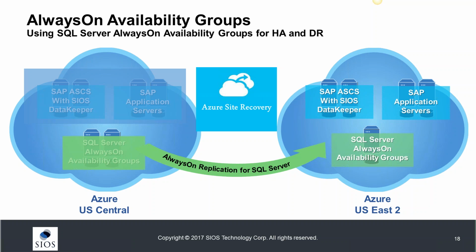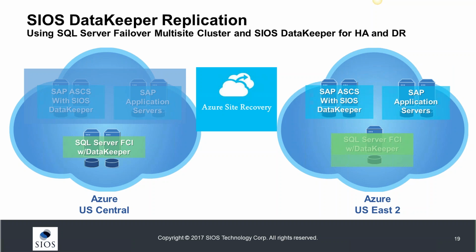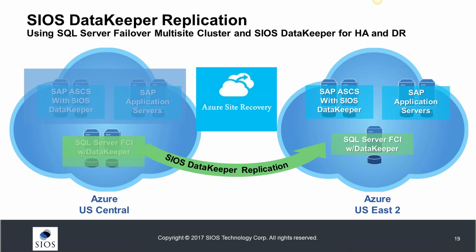The second option we're talking about is using SIOS Datakeeper replication and essentially building a multi-site SQL Server cluster. Once again, we'll use Azure Site Recovery for the application servers, and then we'll use Datakeeper to extend the 2-node cluster on-prem to the DR site. The 2-node cluster can be built using SQL Server Standard Edition or Enterprise Edition.